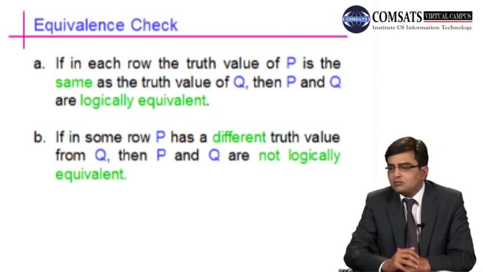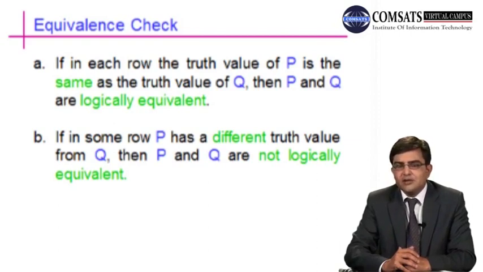If in some row the truth values of P and Q are different, then the propositions are not logically equivalent.